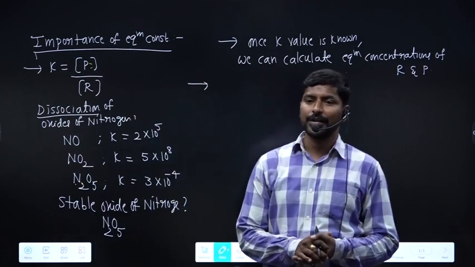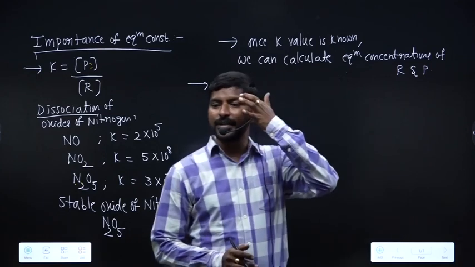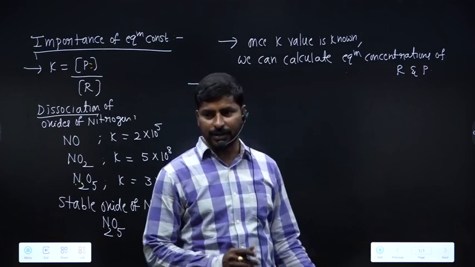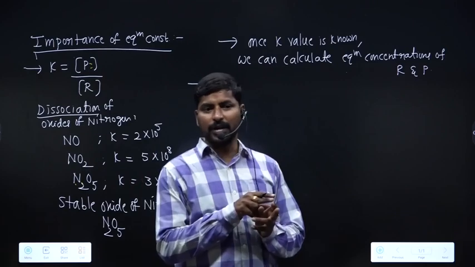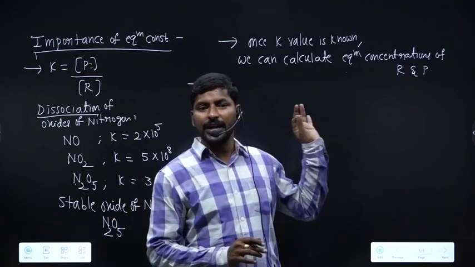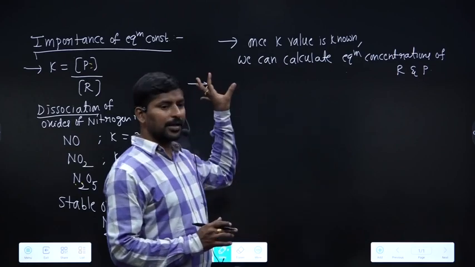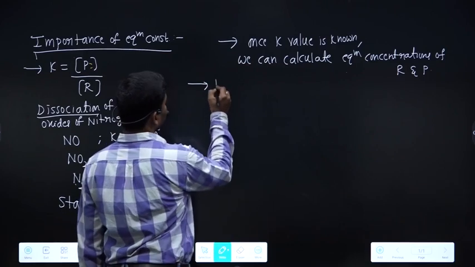Reaction quotient. By comparing equilibrium constant and reaction quotient, we can give the direction of reaction, whether the reaction proceeds in the forward direction or backward direction, or it is at equilibrium. Such information we can give by comparing K and Q.